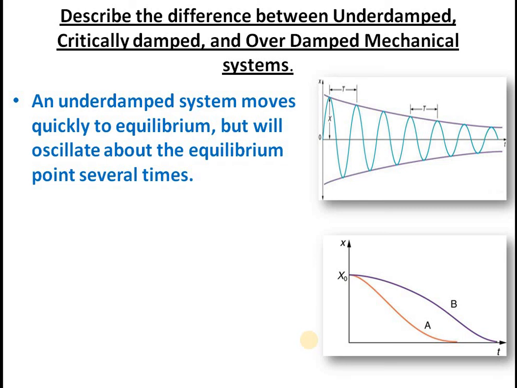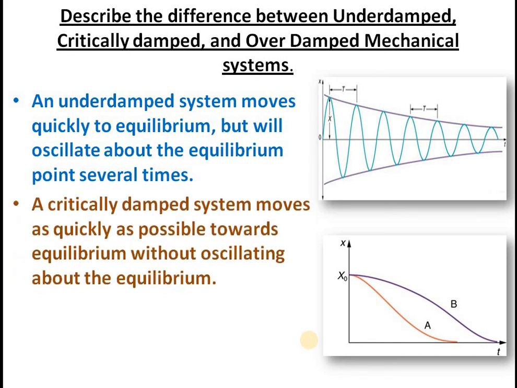Whereas the critically damped system moves as quickly as possible towards the equilibrium without oscillating about it. That is the case with the red one. The red one shows a critically damped oscillation. It does not engage in any oscillation, simply comes down to the equilibrium value.